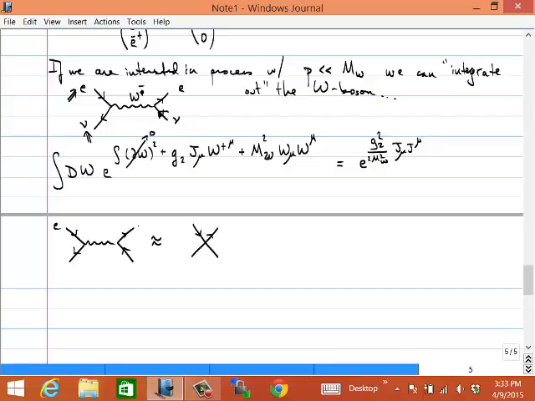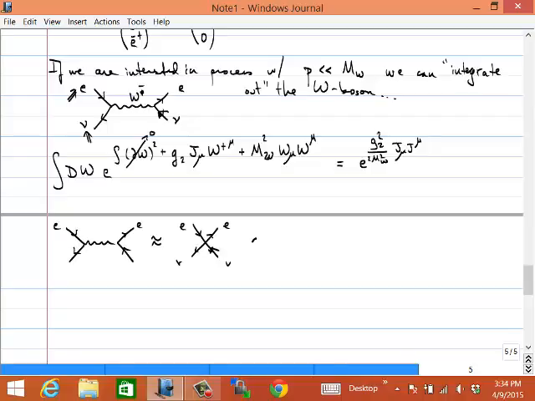So here we have the electron on top and a neutrino on the bottom. Sorry, I can't get my arrows right. And so from the point of view of the low energy effective quantum field theory, we can ignore this W boson and just regard the theory of the electrons and neutrinos as having an additional 4-point interaction.